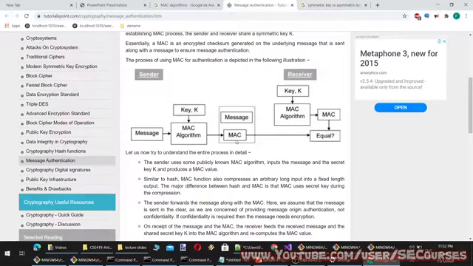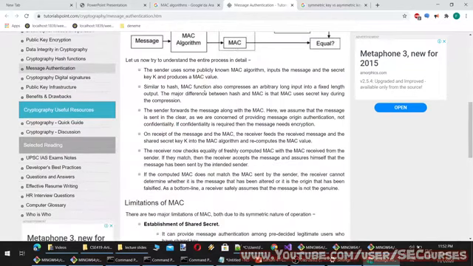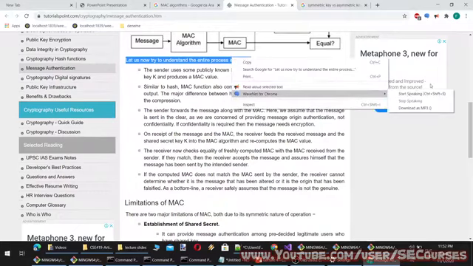And if the MACs are equal, the receiver knows that the message was not forged and the sender of the message is authentic.